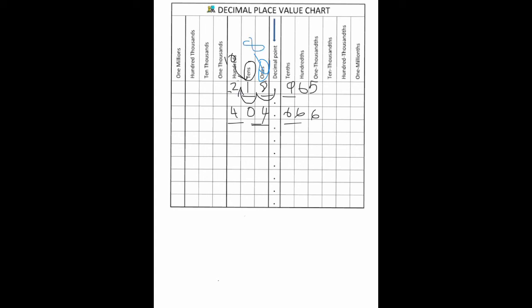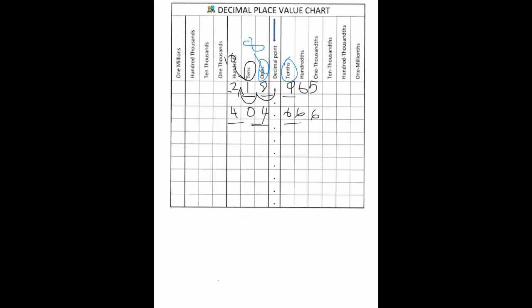Okay, next one, 9. I want to go through these pretty fast because we don't need to waste too much time thinking about this, because this is a pretty easy subject. So 9, it's in the tenths place. It's 1 to the right of the decimal point, so we actually have to divide it by 10 this time, because it's behind the decimal point.